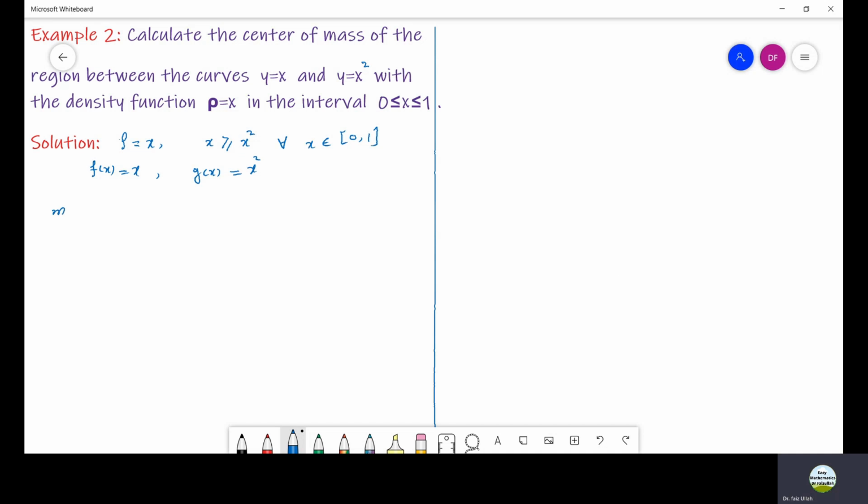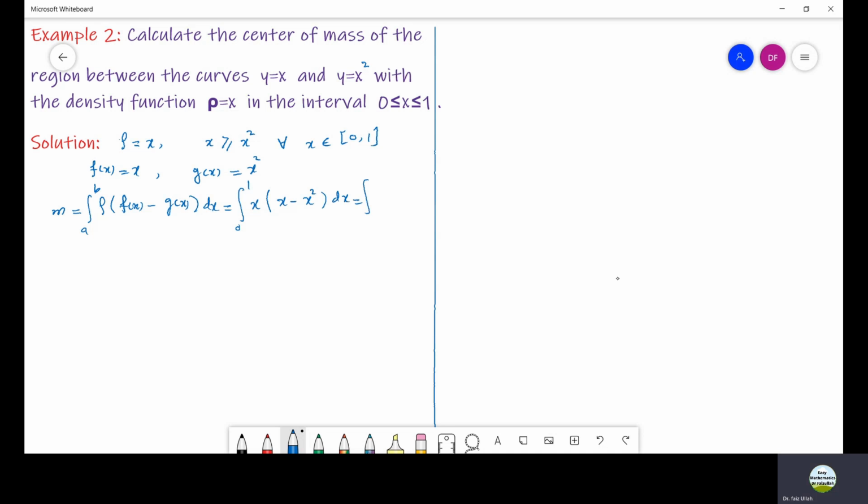Now the first task is to find the mass, which is given by integration from a to b, density into f of x minus g of x dx. Let us use the values. a is 0, b is 1, rho is x, f of x is x, g of x is x square into dx.